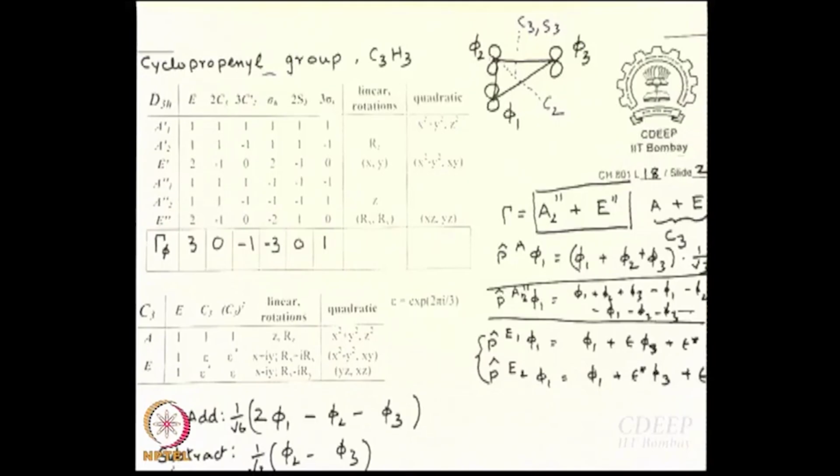By using the full D3h group, they have worked out what they get. They do not get these two. They get linear combinations. Well, they get the first one, they do not get the second one. And then you have to do it by brute force, trial and error, and find the last one. That is not such a happy situation. So this is something that saves us a lot of trouble.